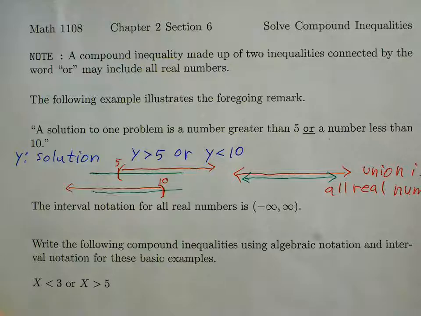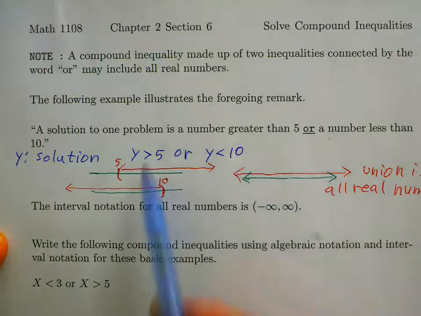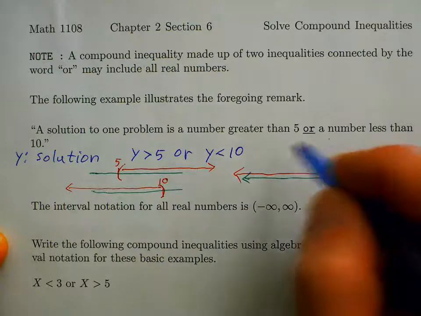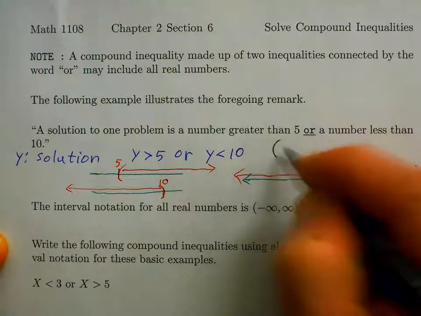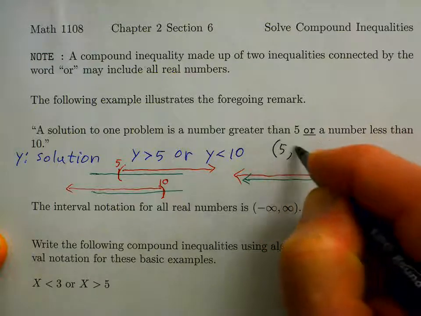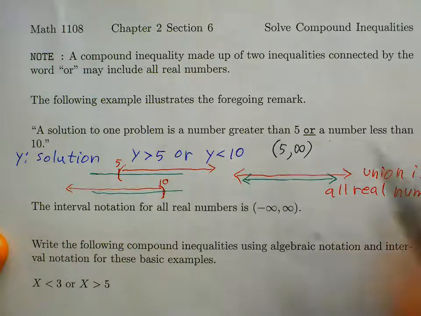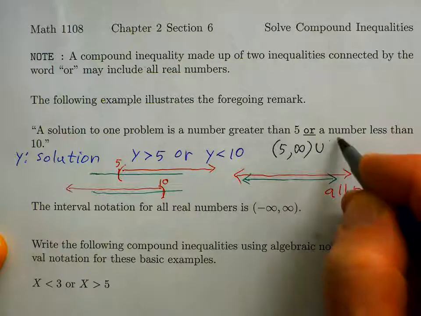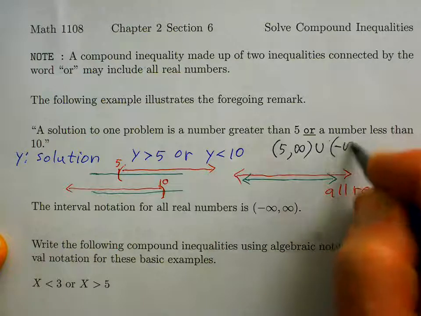We can write the interval notation. If y is greater than 5, then we can write parenthesis 5 comma infinity. This is numbers greater than 5. And then the union symbol, numbers less than 10 are from negative infinity up to 10.